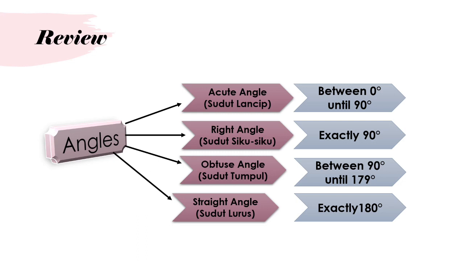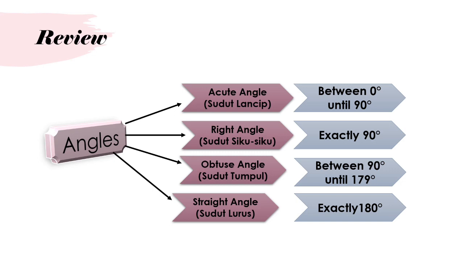How about if the angle is 129 degrees? Because it's still in between of these numbers, so the angle is an obtuse angle. And then the last one is straight angle, atau dalam bahasa Indonesianya kita sebut dengan sudut lurus.